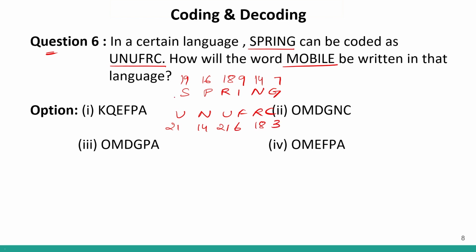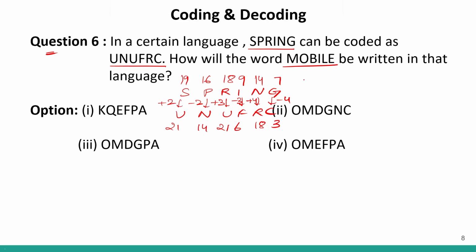So this I can see is basically 19 to 21 is plus 2. This is -2. This is plus 3. And this is -3. And this is plus 4. And this is -4. So now it is basically alternating between +2, -2, +3, -3, +4, -4. Correct? This is how it is alternating.